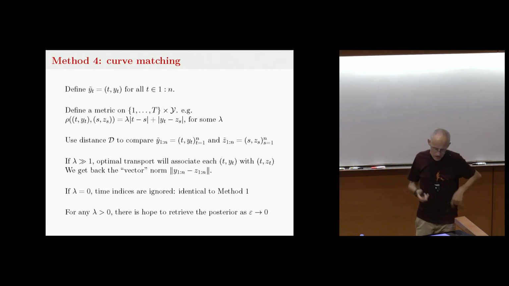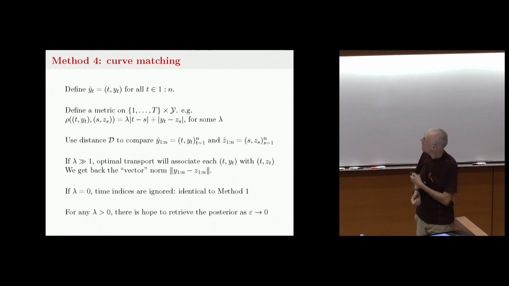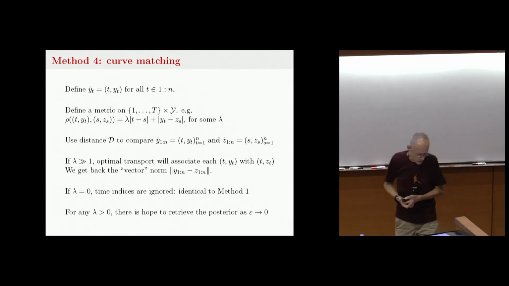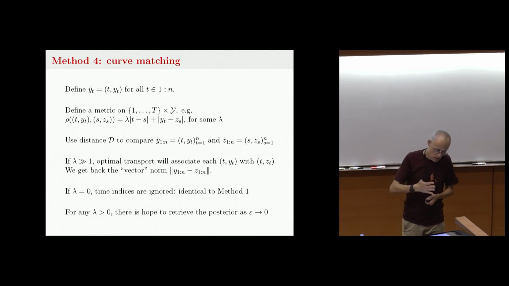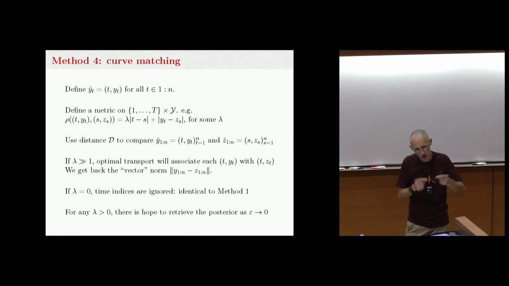And so the distance is now between the pairs as a vector, (t, y_t) and (t, z_t). For instance, using this penalized type of distance, when lambda is equal to 0, it's back to the original sequence. And if you push lambda higher, then you impose a constraint on the time as well.